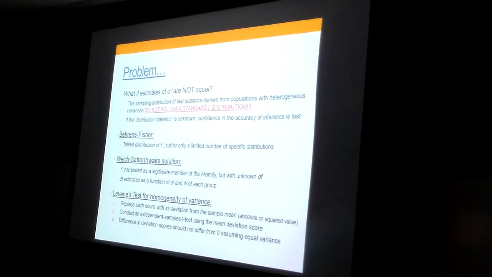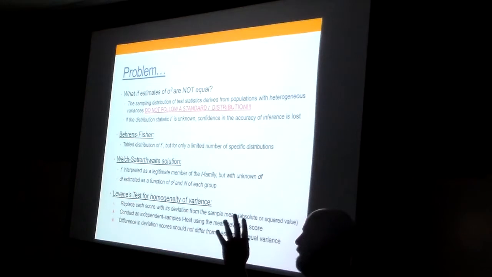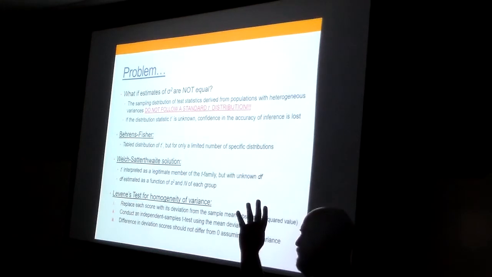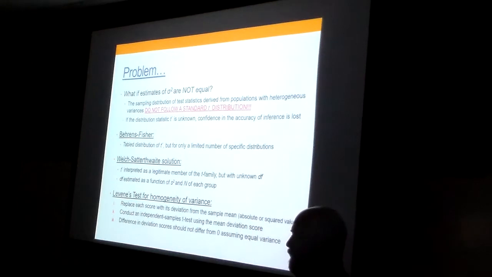But what Levene's is doing is replacing these deviation scores with either the square or just the absolute value, right? And so we're going to take the absolute deviation score for sample 1, and the mean absolute deviation score for sample 2. And then we're just going to run an independent samples t-test using the mean of those 2 deviation scores.